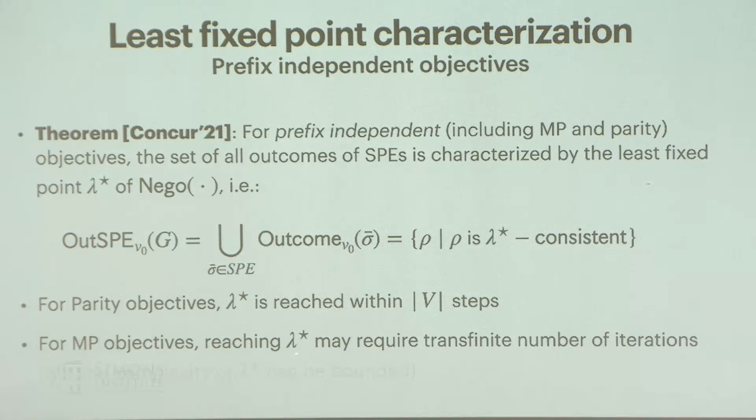For mean payoff games, unfortunately, we have examples where we will need an infinite number of iterations to reach in the limit the value of the negotiation function. But it turns out that by studying the least fixed point of the function, we can show that it's piecewise linear.